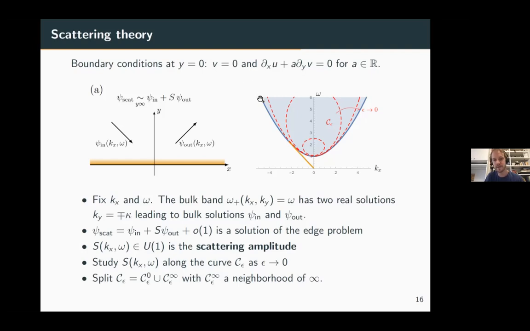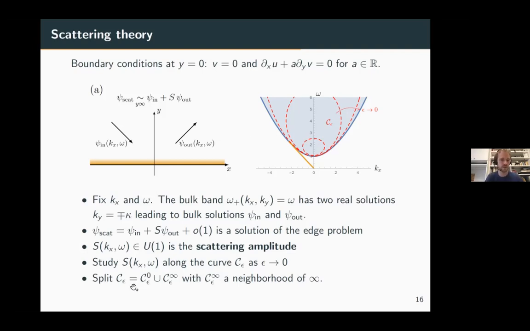And in the limit where epsilon goes to 0, this will just go to the thick blue line here. Okay, so there is an explicit expression for this curve that you don't need to know. The graphical representation is enough, I think. And we're going to study the scattering amplitude along such a curve as epsilon goes to 0. So S is well defined for every epsilon positive, and then we can look at asymptotic quantities.